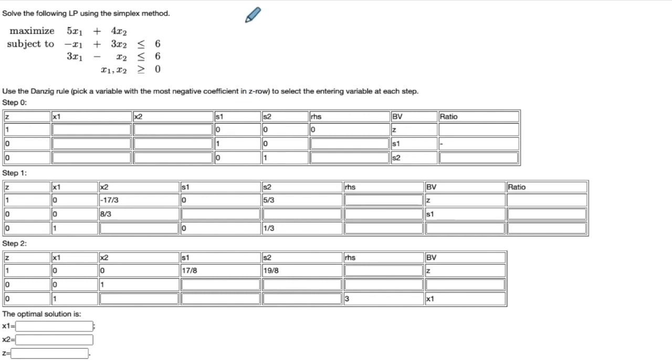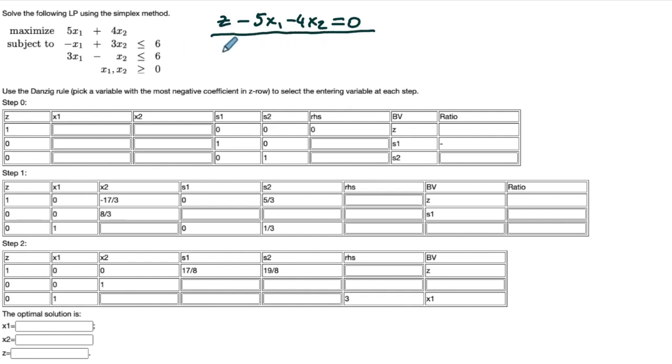Alright, so first of all we start with row 0. Z is equal to 5x1 plus 4x2, but because we move all the variables to the left, it will be z minus 5x1 minus 4x2 equals 0. This is row 0.